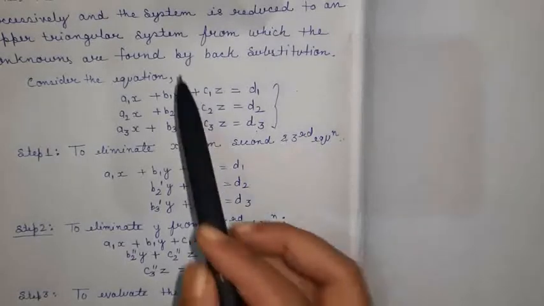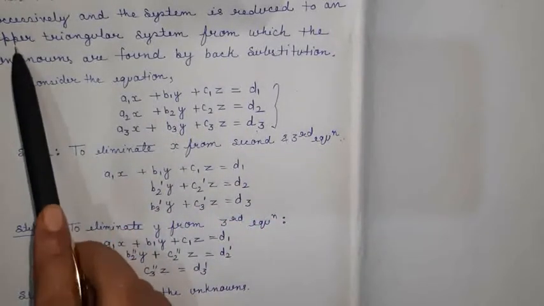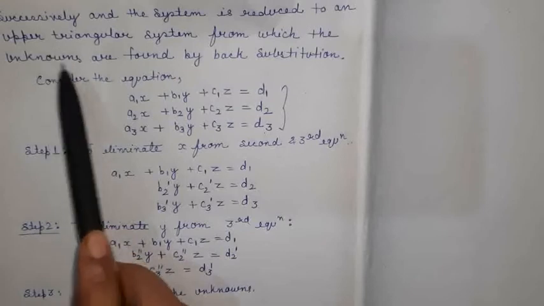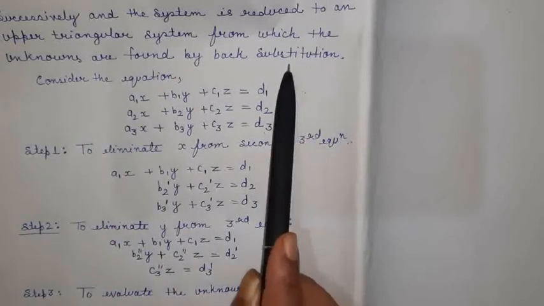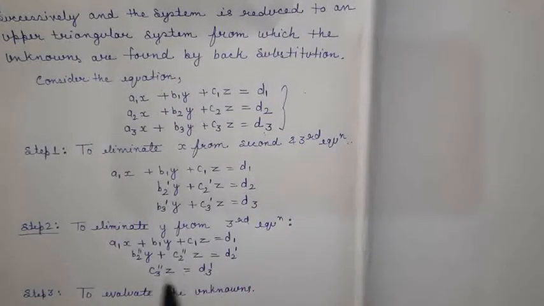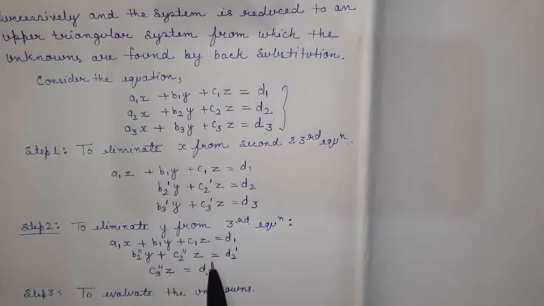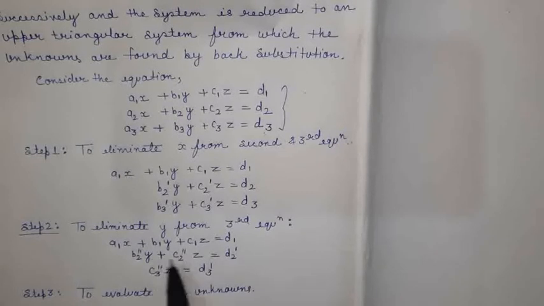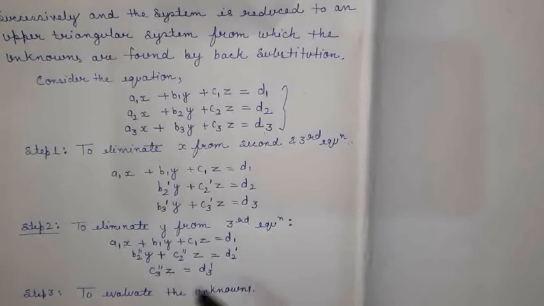Now we do back substitution. From the third equation we get the value of z. After getting z, we substitute it in the second equation and get the value of y. Then, with the values of y and z, we substitute in the first equation and get the value of x.